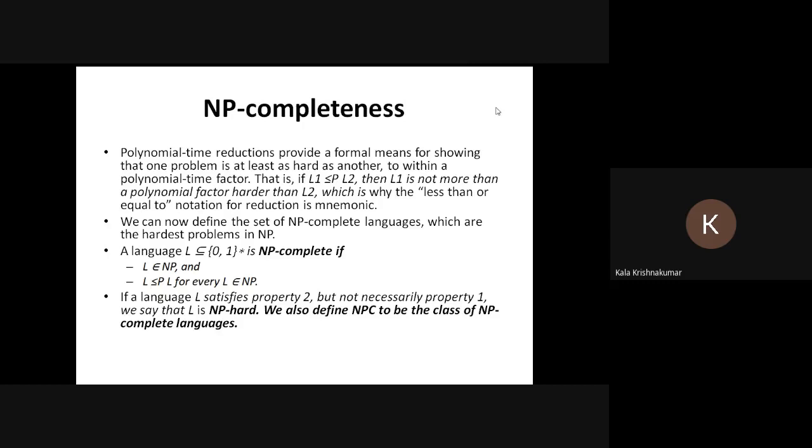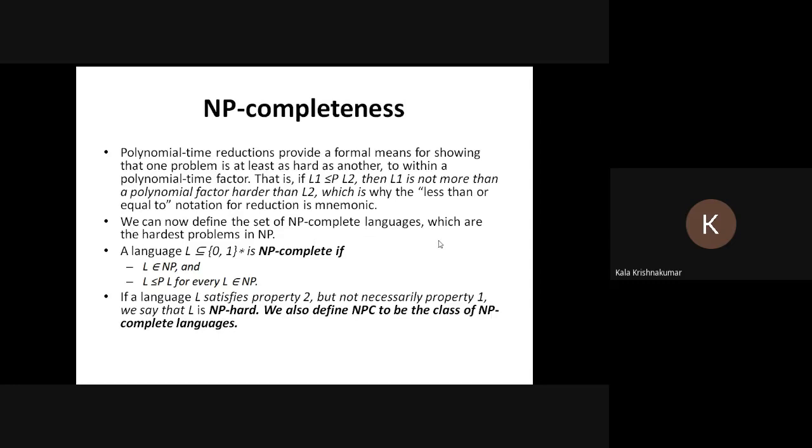A problem L can be an NP complete problem if two conditions are satisfied. The first condition is that L should be in NP, and the second condition is that any known problem in NP should be polynomial time reducible to L. Then it is NP complete, or what we defined earlier, any problem in NP is as hard as L. We can define that formally here.